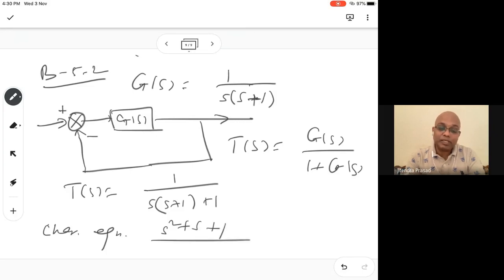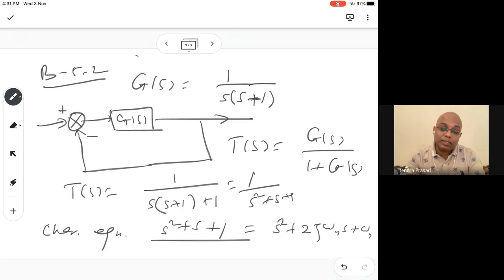Yeah, this is the one you get, or you write equal to 1 over S square plus S plus 1, and that really means what? This is equal to S square plus 2 zeta omega n S plus omega n square, right?